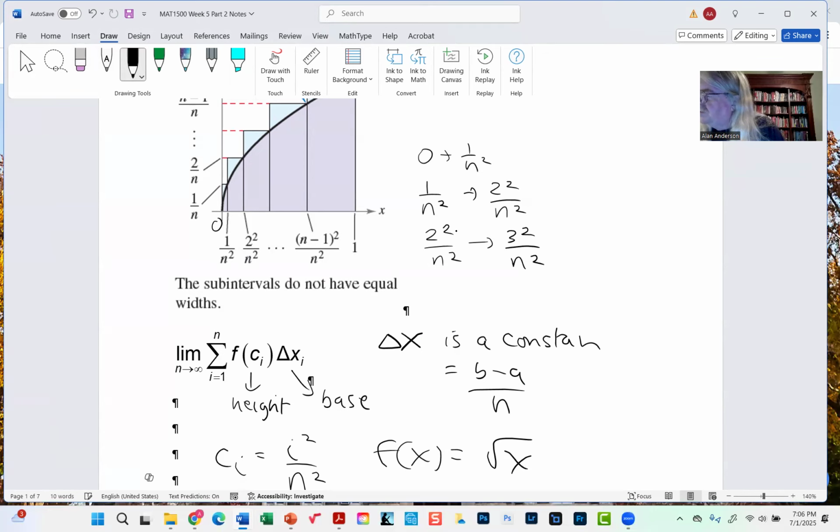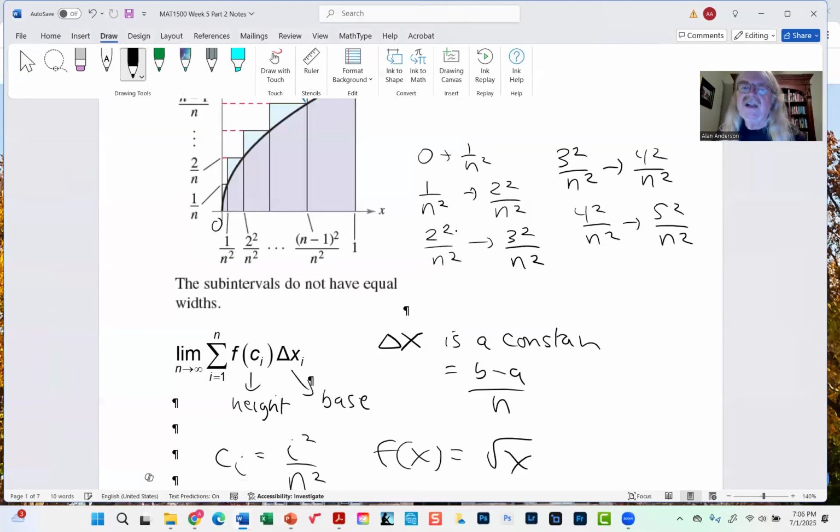Then we go from 3 squared over n squared up to 4 squared over n squared. And finally, in the last case, 4 squared over n squared up to 5 squared over n squared. That's because we chose to have 5 intervals or rectangles.